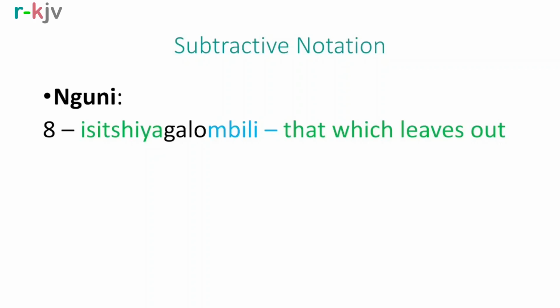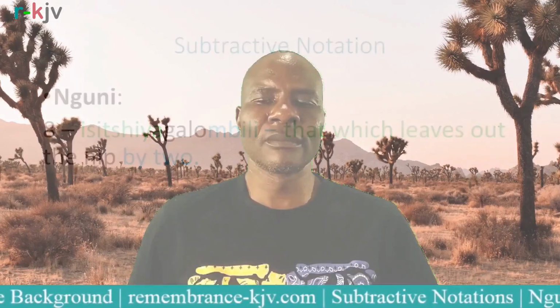Galu in Zulu means hip, and mbili is 2. The whole word can be translated to the phrase that which leaves out the hip by 2.